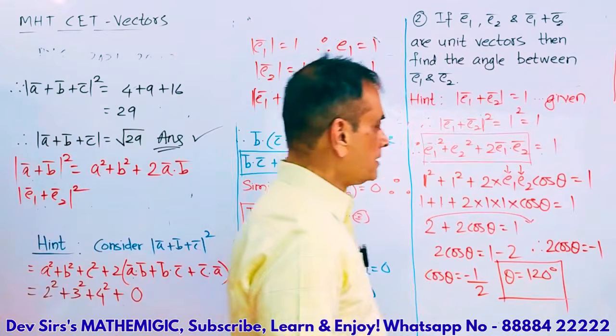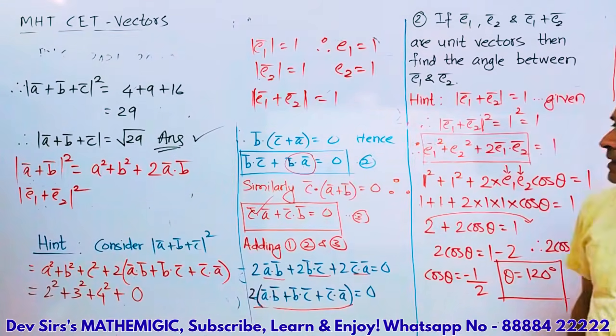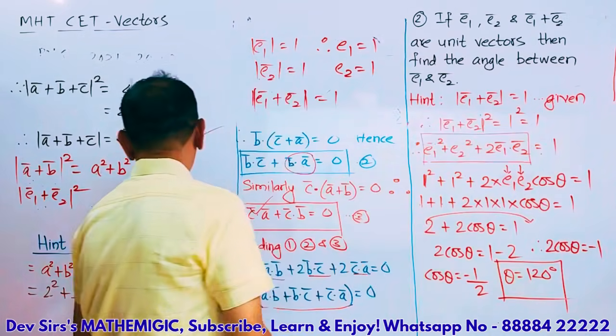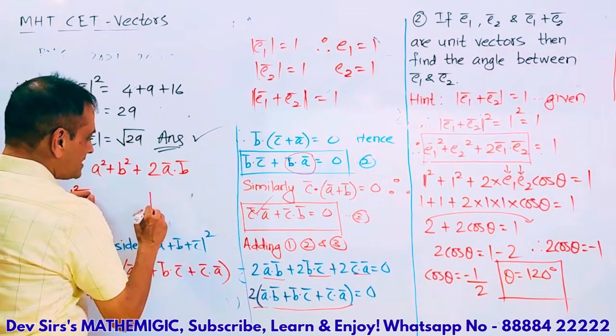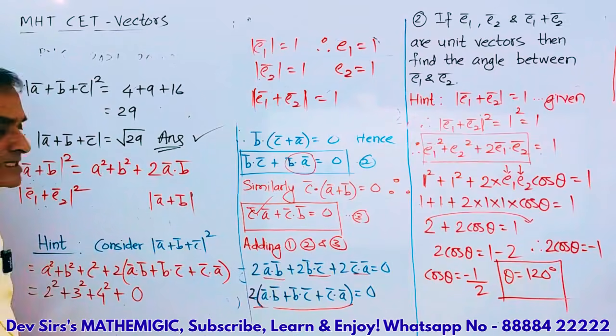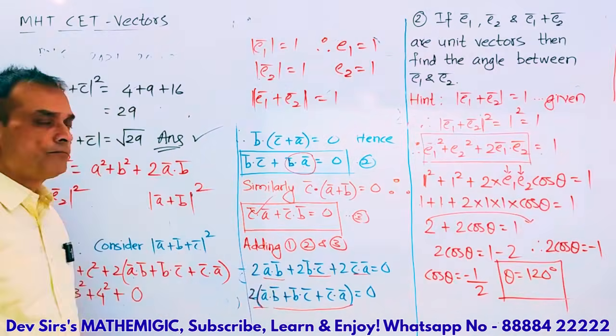Correct? Interesting sum. So remember, in certain problems, if magnitude of A plus B is asked, always consider A plus B bracket squared.